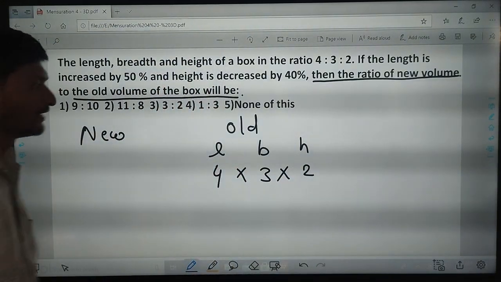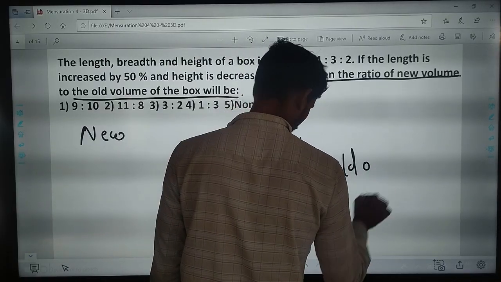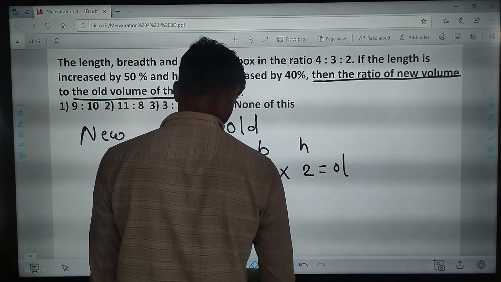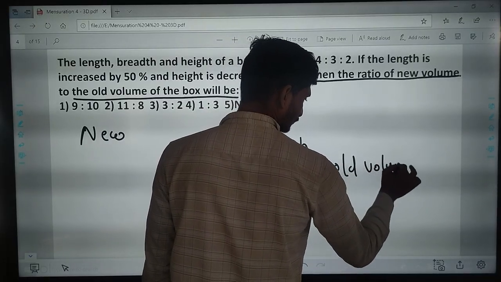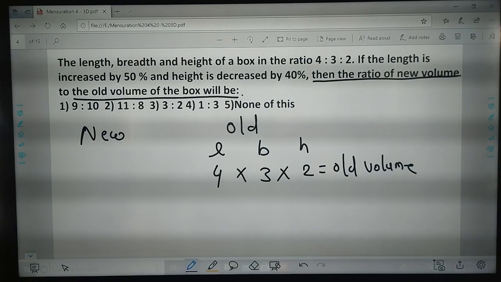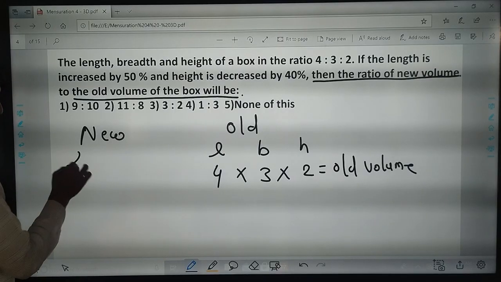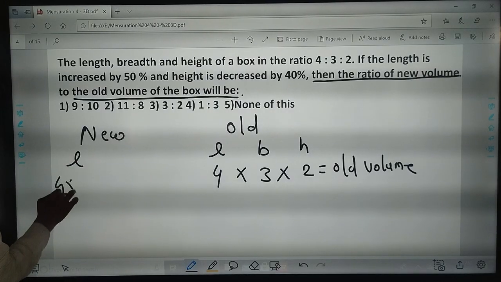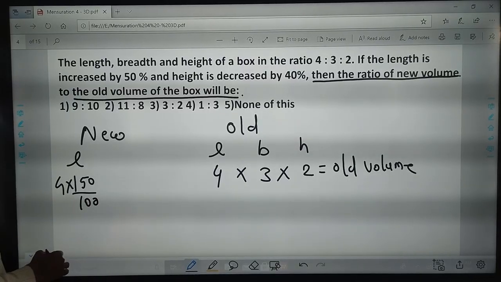This is the old volume. Now here your new volume will be: the length is increased by 50%. Your length is 4, then increased by 50%, then we write 150 divided by 100.